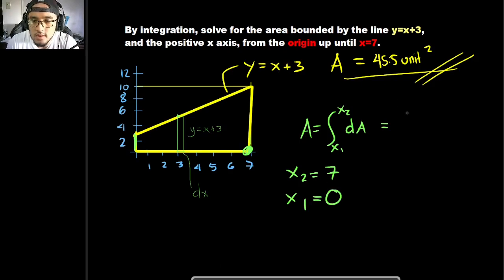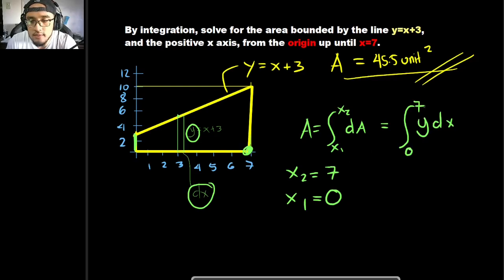So this is the integral of dA. What is to be our dA? Our differential area is just y times dx, and our limit here is 0 up until 7.